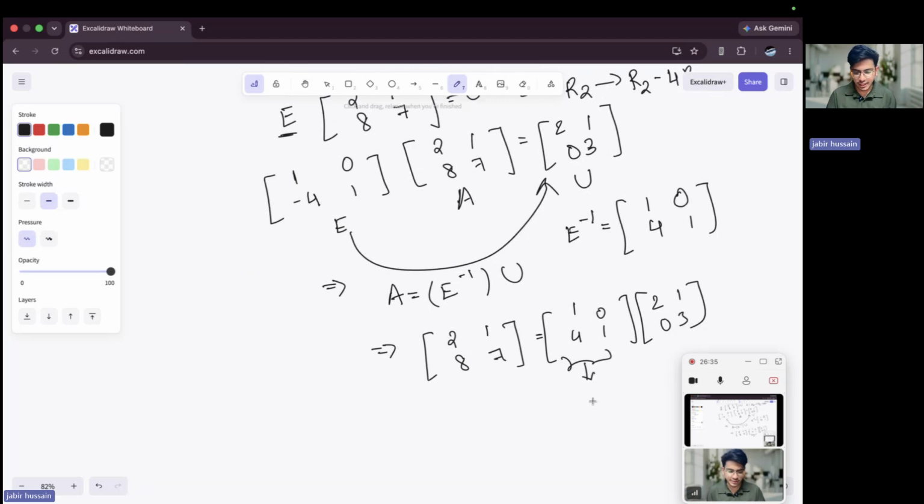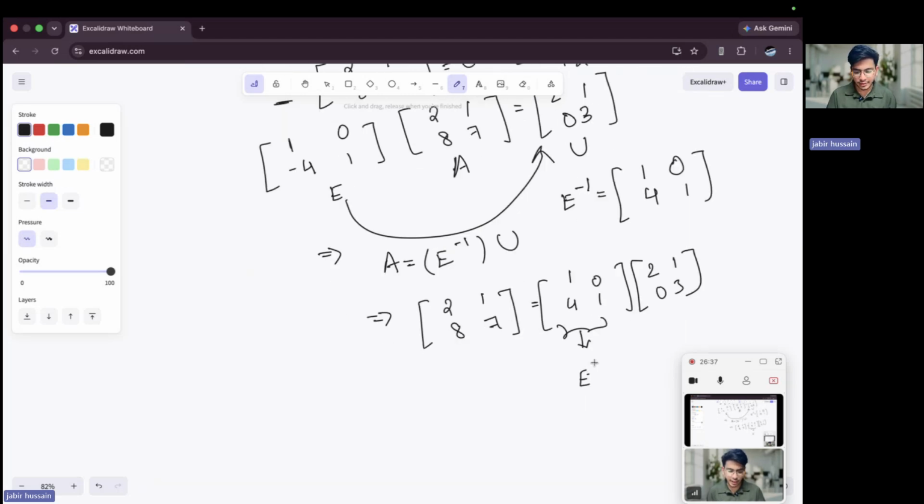This is known as E inverse, and it is also known as L. L is a lower triangular matrix, and it tells me exactly what transformation is happening. If you observe this, at row 2 I'm subtracting 4 times row 1 from the main matrix.